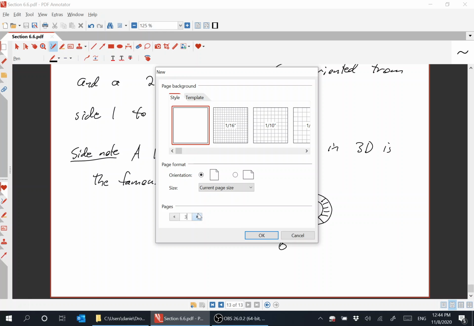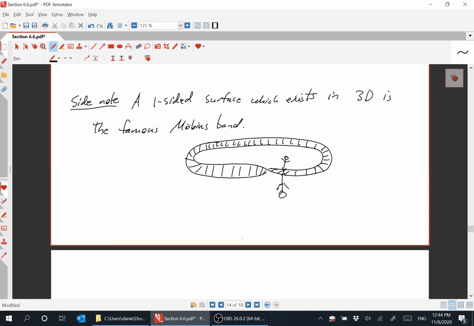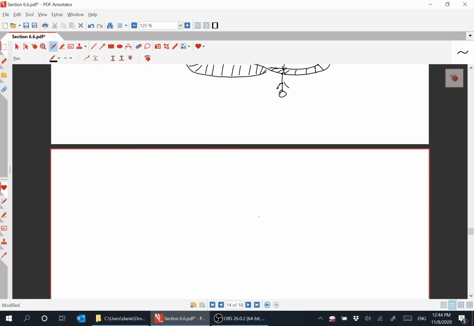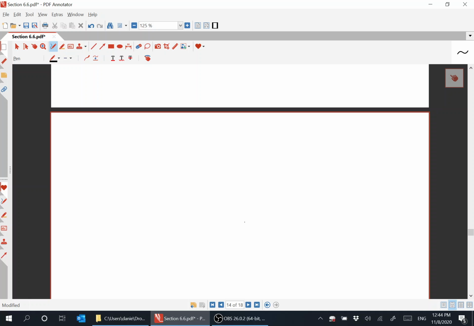So we have a 3D vector field and a two-sided surface oriented from side 1 to side 2. You need two sides to actually do that, to orient it. At each point on the surface, consider the force vector F(x, y, z).